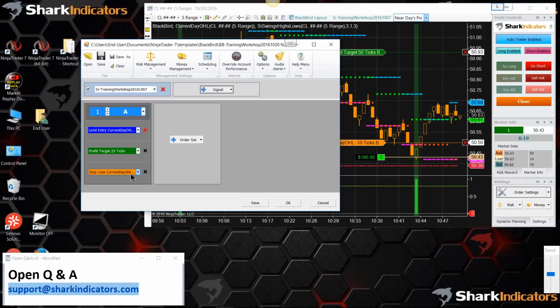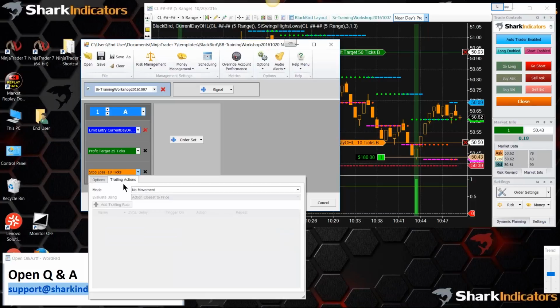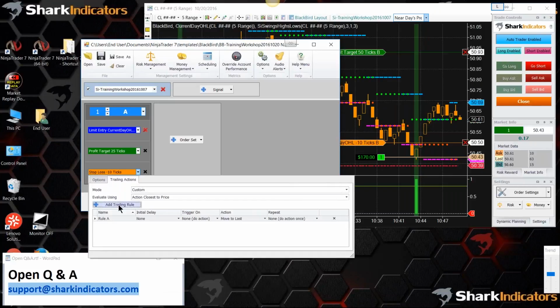So for your trailing action, let's just go ahead and build this here. Let's get rid of that, and let's put in a 10 tick stop loss, and let's go to our trailing actions. Let's put in a custom trailing action. We'll add 2 rules here.